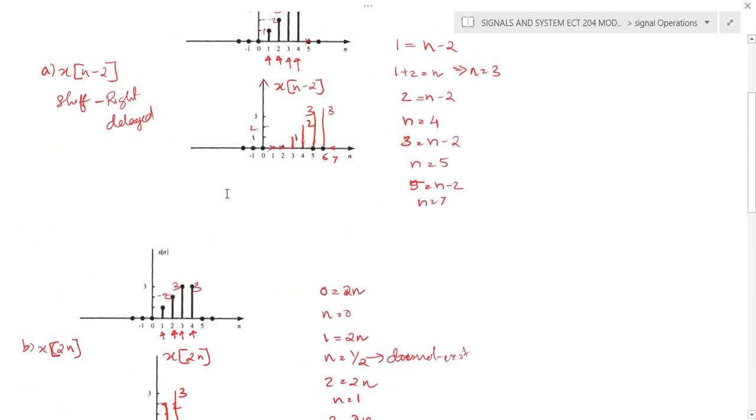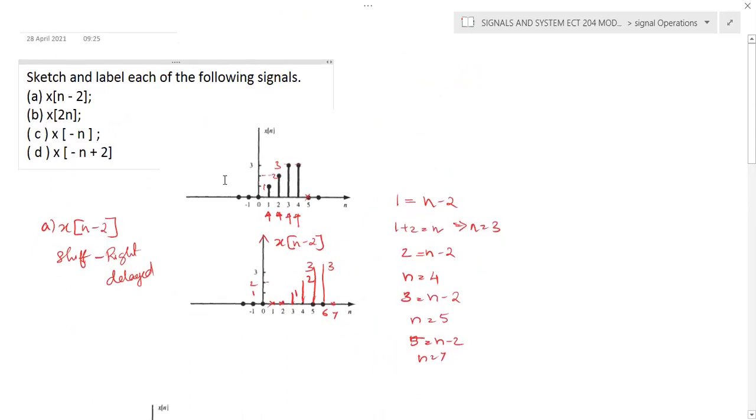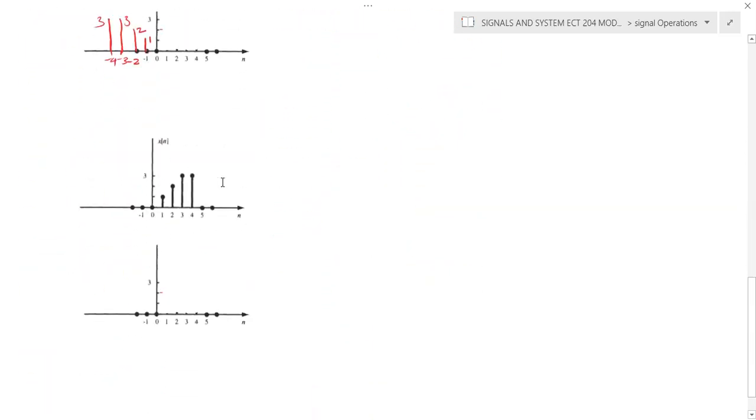The last case is x of minus n plus 2. For plotting x of minus n plus 2, there is actually a shifting operation and a reversal operation. So we can find out each value.